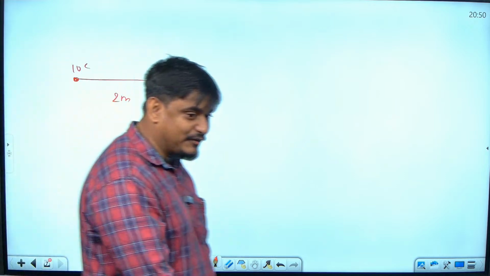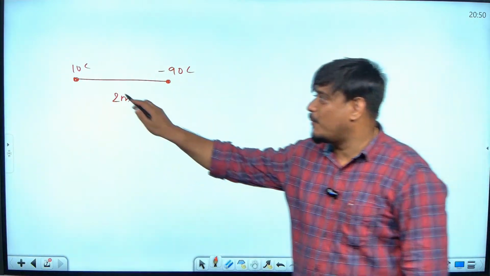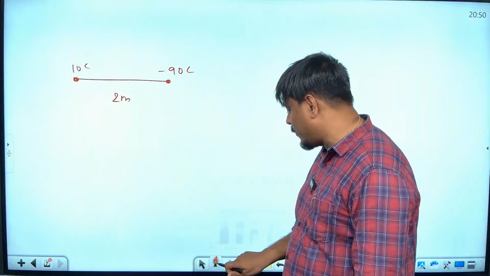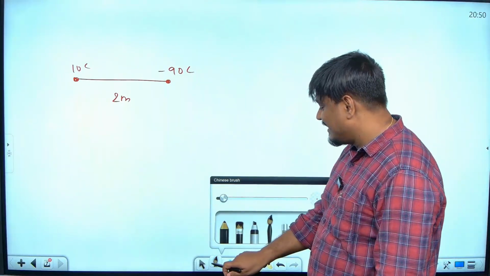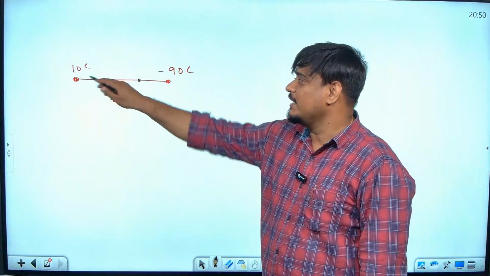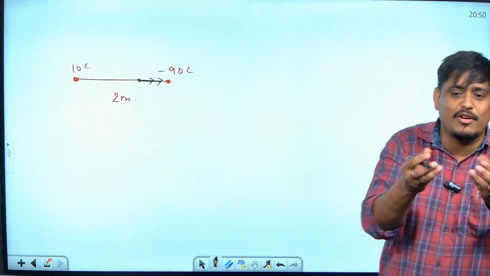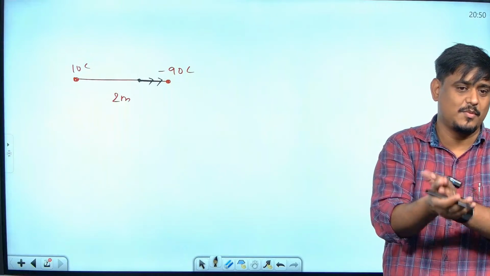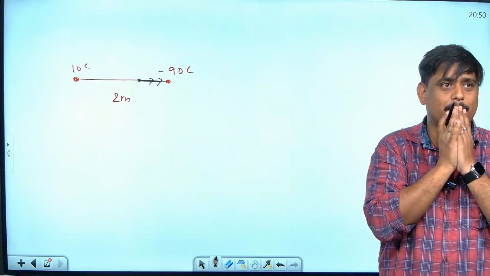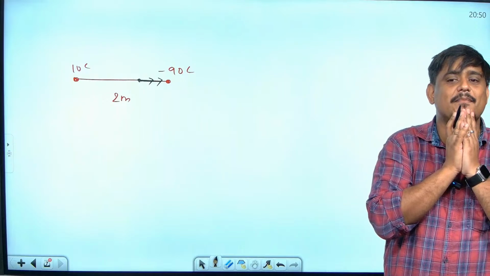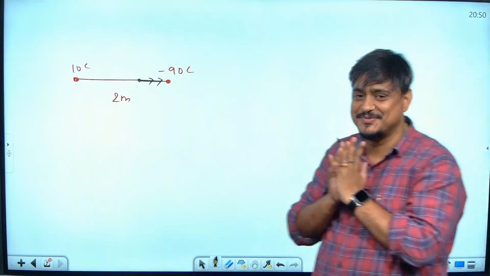Is it possible to have electric field 0? Because whatever point you take, one will push and one will attract. If you add them, you cannot get 0. Do you agree with me? Yes. No. Oh, it will be 0 at that point.